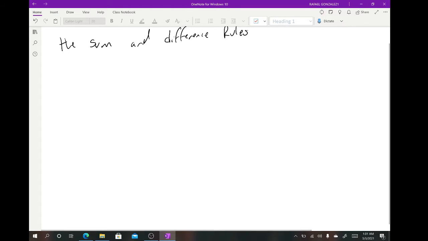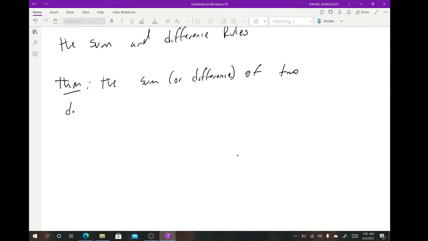The sum or difference of two differentiable functions f and g is itself differentiable.